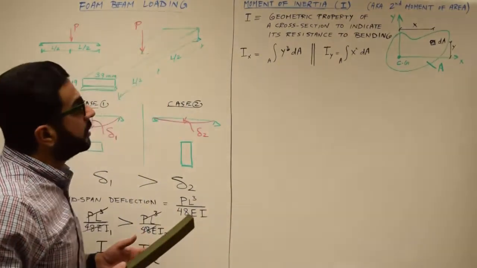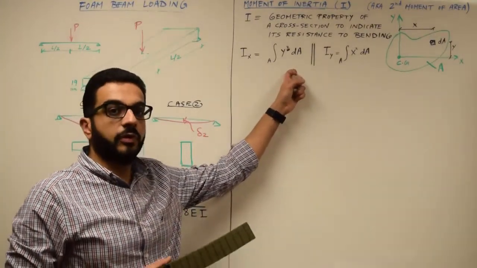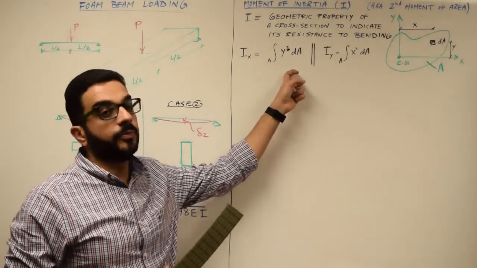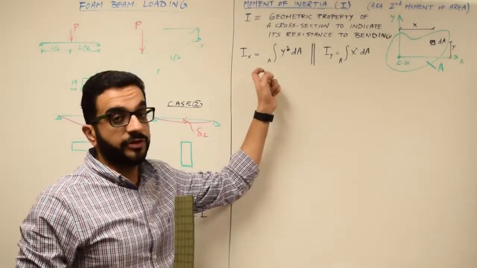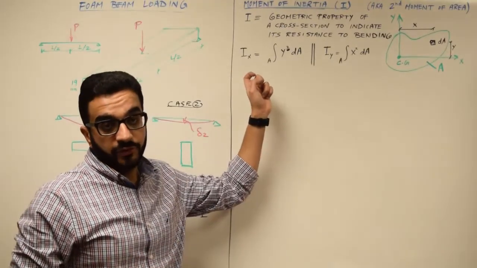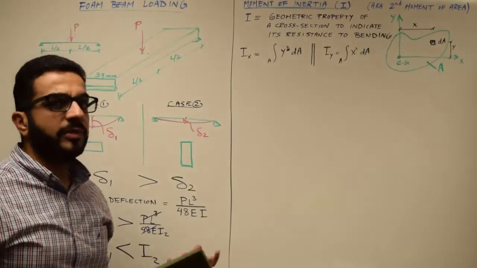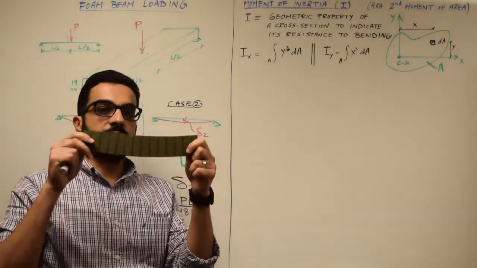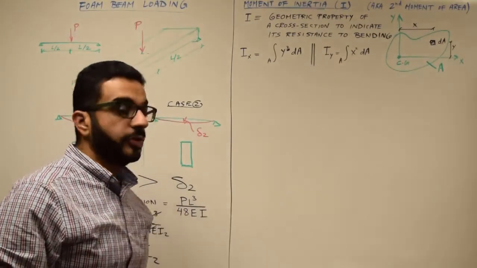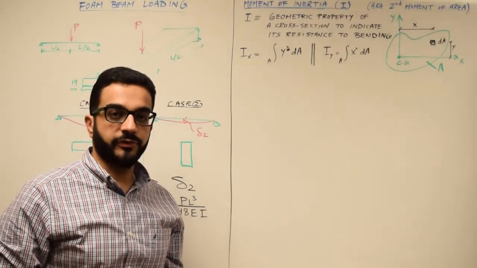The good thing is we don't have to do integration for all the shapes. In the third part of this video, we'll see the typical I, or moment of inertia, for typical cross-section shapes, and we'll apply it here to see how much that difference in I causes in deformation in the beam. So bear with me, we'll wait for you in the third part of this video.